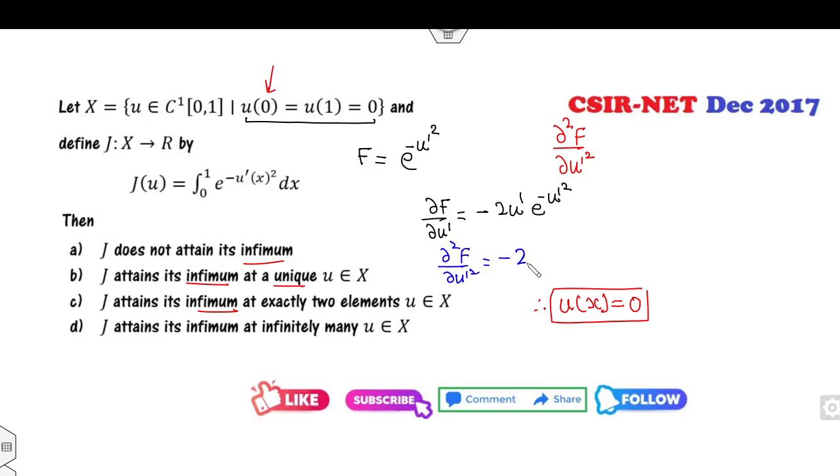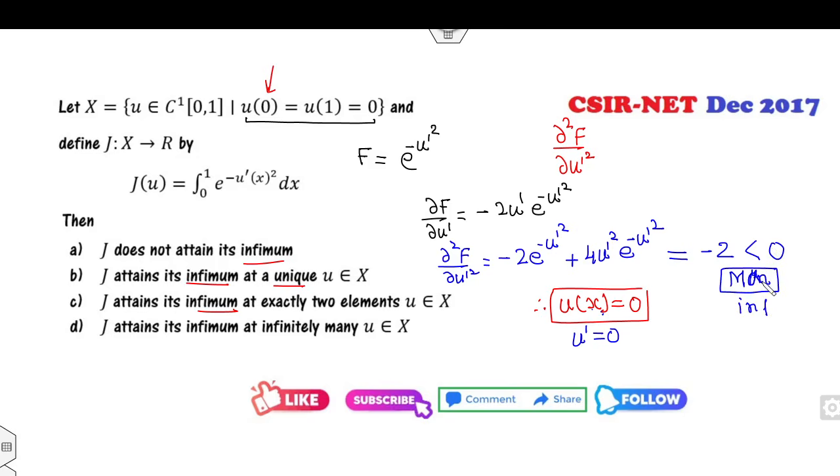I can apply the product rule. Plus 4 u dash square e raised to power minus u dash square. Now at this point, if u is equal to 0, u dash is also 0. What is the value of this? Minus 2, which is less than 0. That means minimum value. So that means infimum.